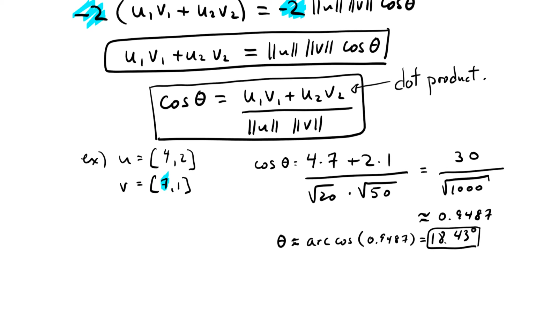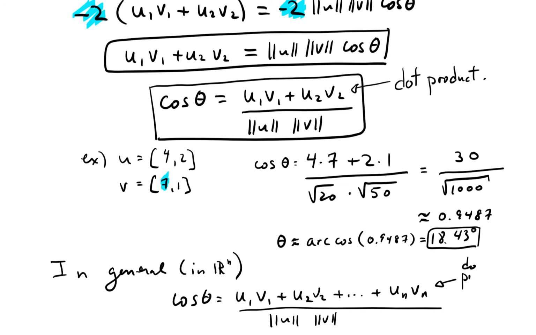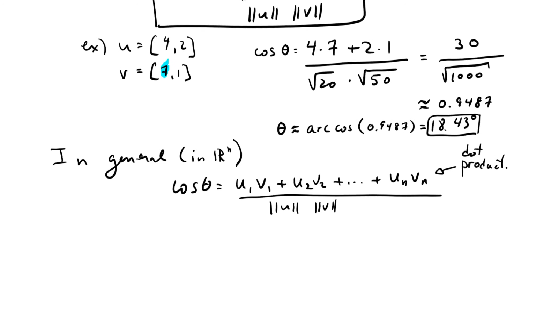But in Rn, in general, the cosine of theta turns out to be u1 v1 plus u2 v2 plus un vn, divided by the norm of the vectors. And the top part, like I said, is called the dot product. So we'll define this here.